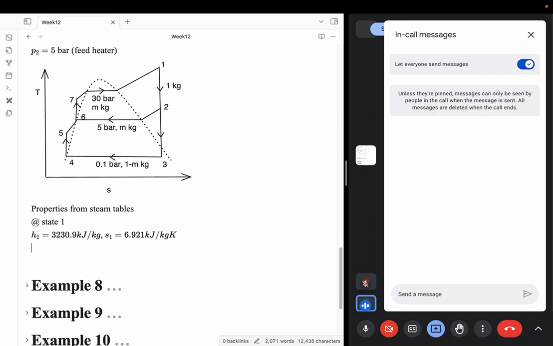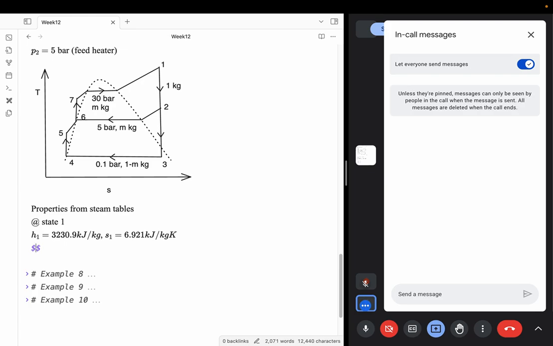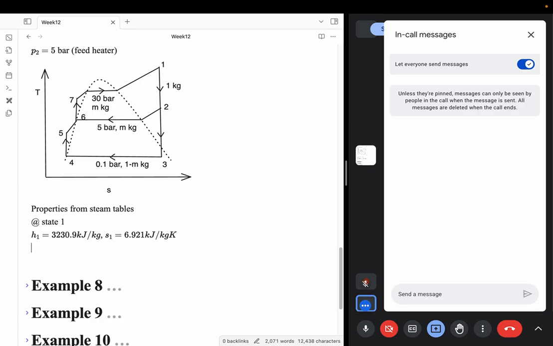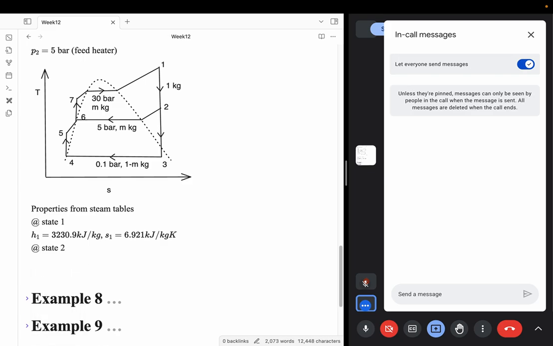So with these properties, we know other equations. Let's say I want to find state 2. How do I calculate H2? I don't know H2, but I know one thing for sure, that this is an isentropic process. So S2 should be equal to S1.